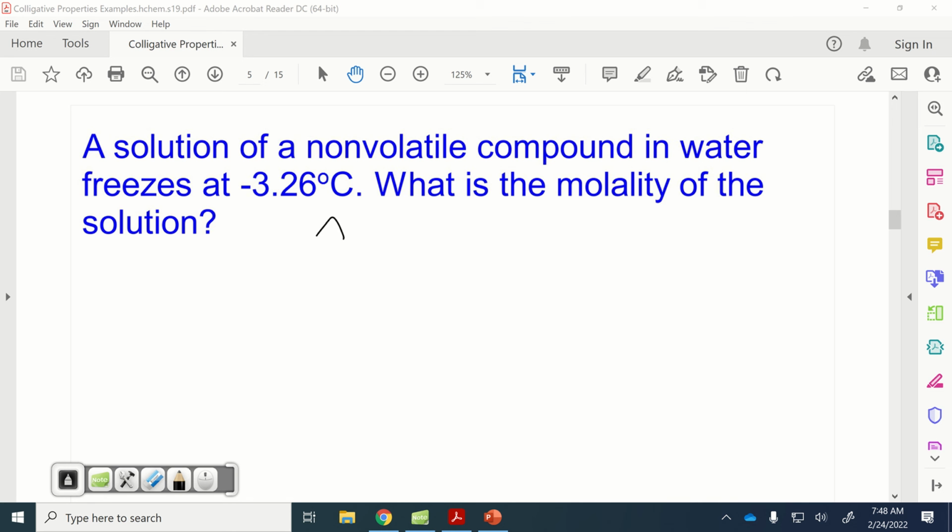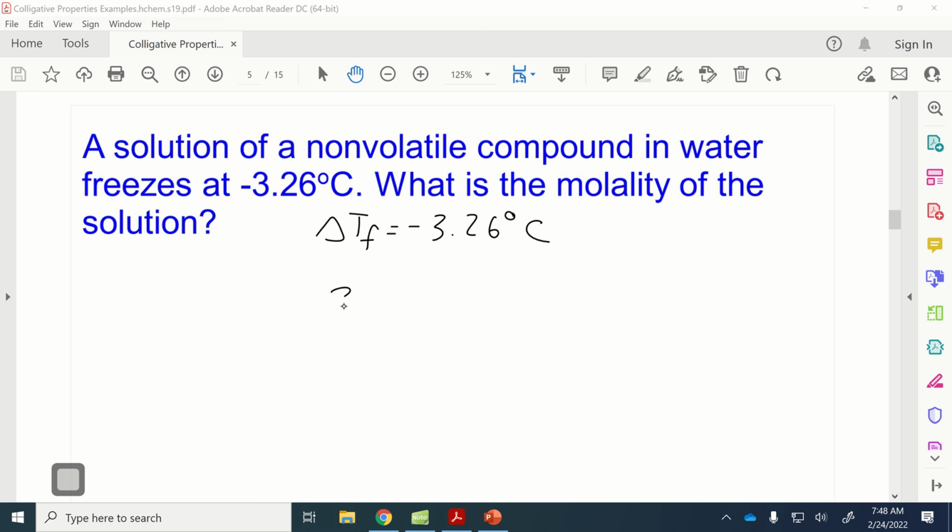So clearly the freezing point depression is 3.26 degrees Celsius. If I want to solve for this, I would just change that to positive 3.26. It's saying a non-volatile compound. I'm going to assume that just means 1. If it says anything like that, it's just 1 for the Van Hoff factor.